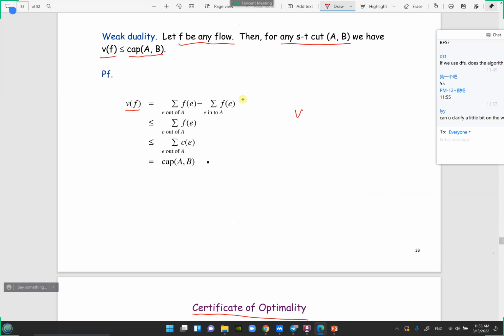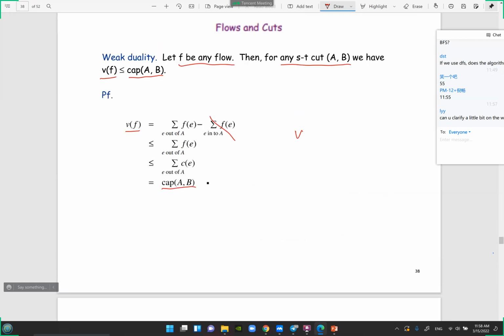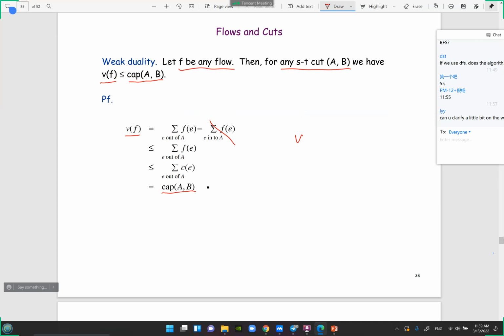Now if you just remove the second term, you're left with how much flow goes out from A, but this cannot be more than the capacity going out from A. And that by definition is the capacity of this cut. So therefore, the flow is no more than the capacity of the cut.